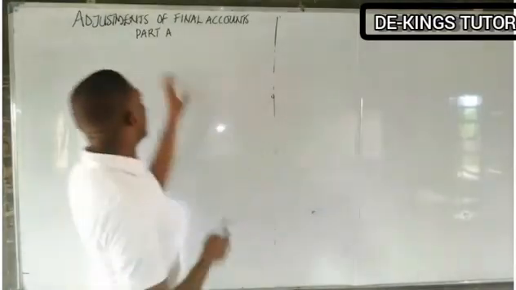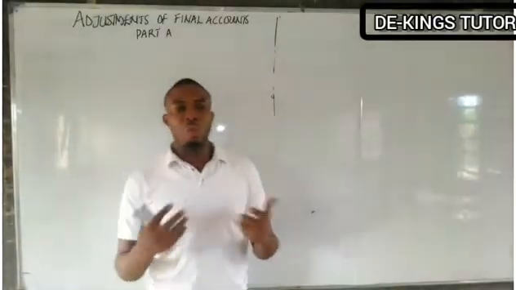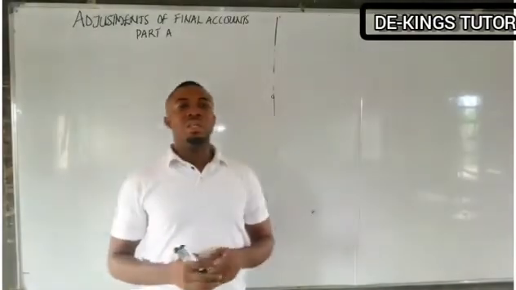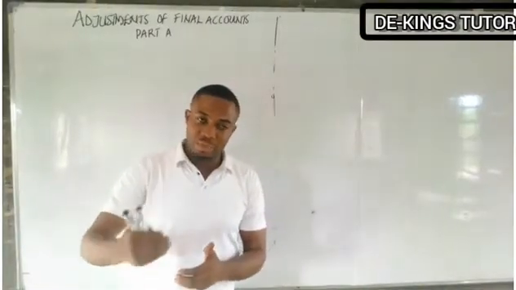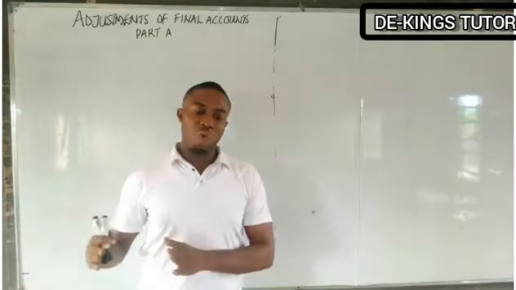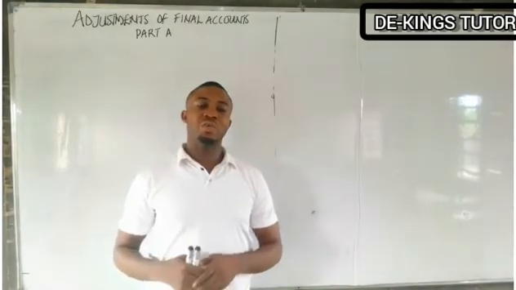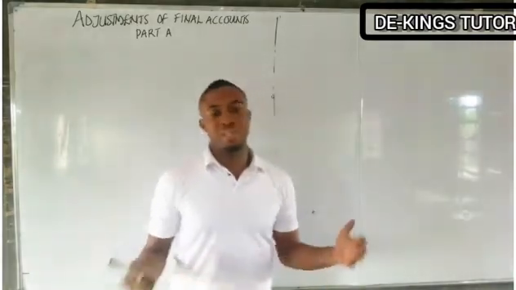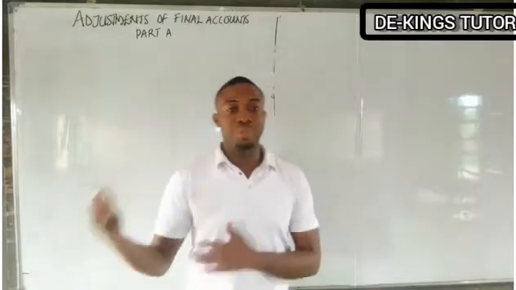So the first item, if you notice in some question, whenever you're given a question, they will tell you additional information. Now you see items under it. That is what we call the items we are about to adjust. Whereby they will tell you salary is unpaid, or salary is owing, or income was prepaid.